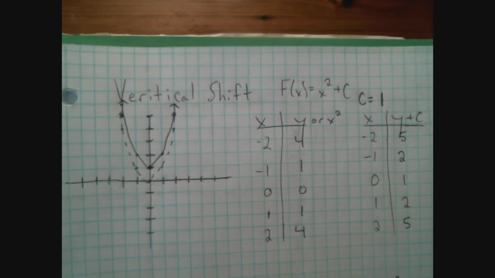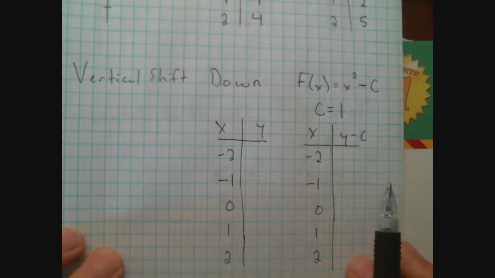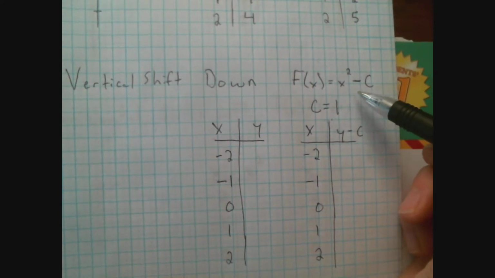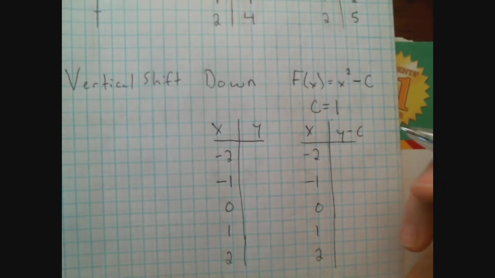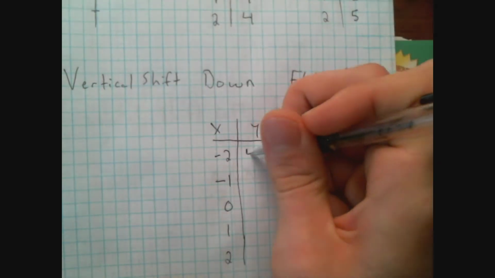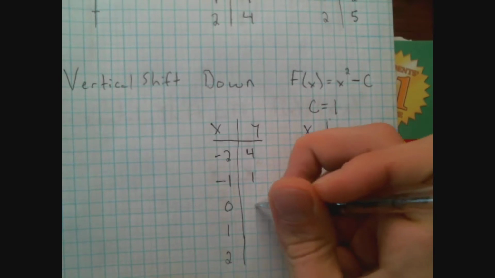Alright, so now we're going to go down to our vertical shift down. And here I use x squared again because we're going to go back up to the graph. So here, negative 2 squared is 4, 1, 0, 1, 4. But this time, I also named 1 as C in this one. So instead of adding 1, you subtract 1 to shift down.